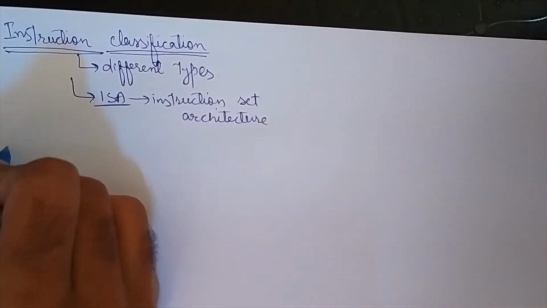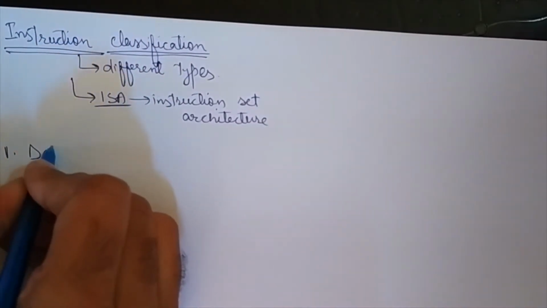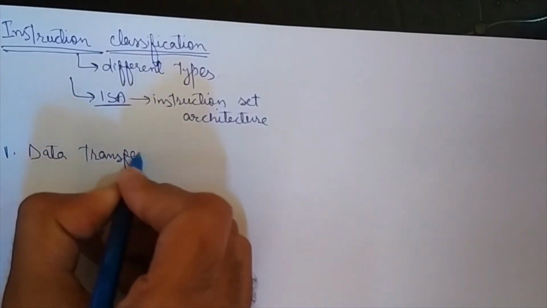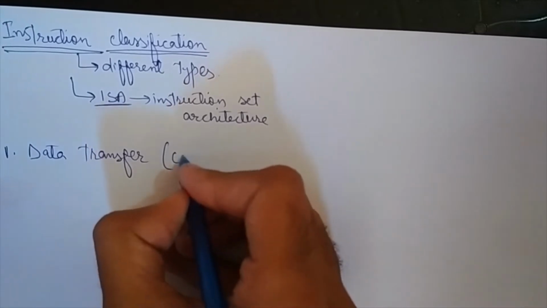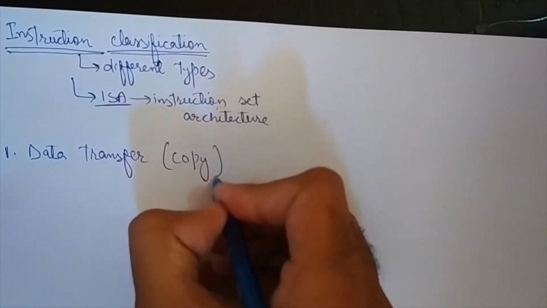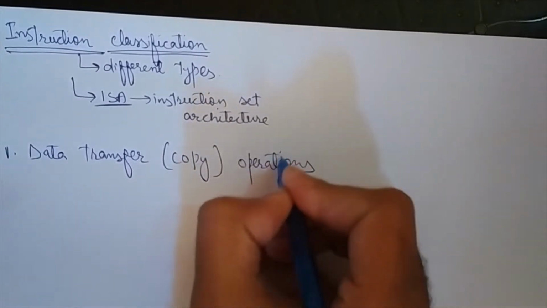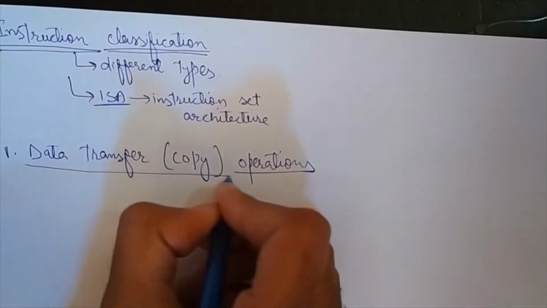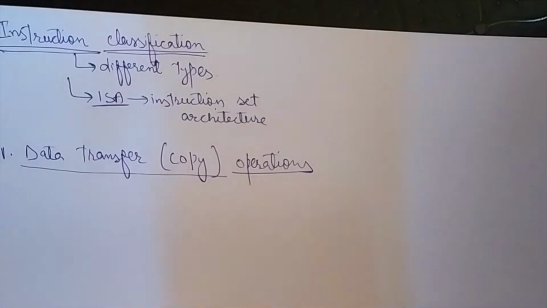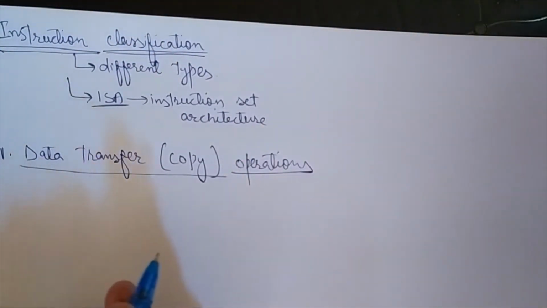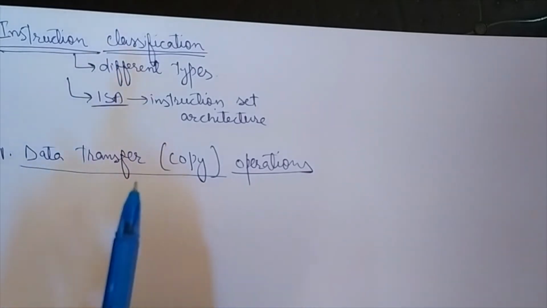The first type of instructions are data transfer instructions, or we can say the copy instructions, copy operations. These are the instructions that are used to copy or transfer data from one location to another location.